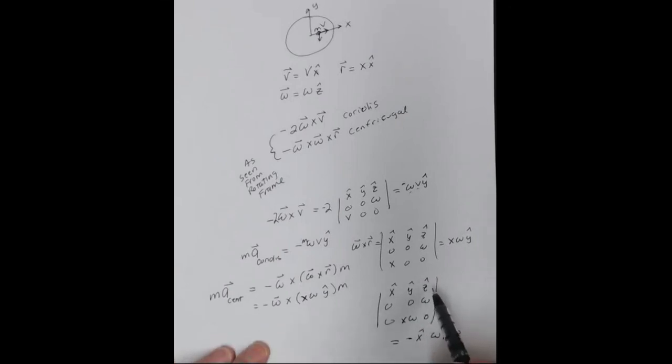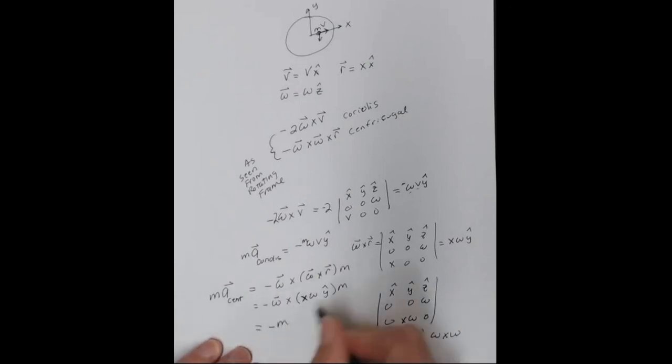And that's it. So this ends up being negative m times negative x omega squared in the x hat direction, so I get m x omega squared in the x hat direction.